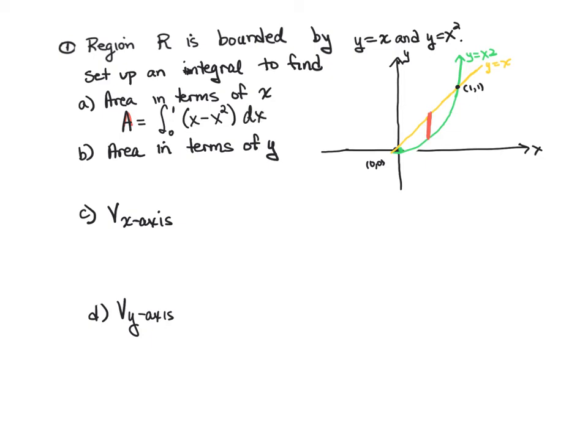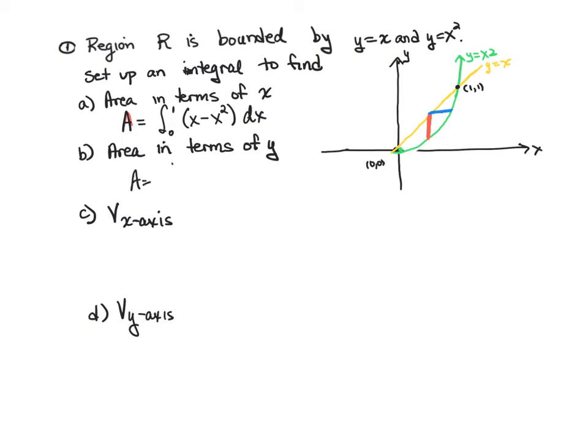And that's our integral. If we were to integrate this with respect to y, we would have to use a horizontal rectangle. And in here the y limits of integration happen to be the same.